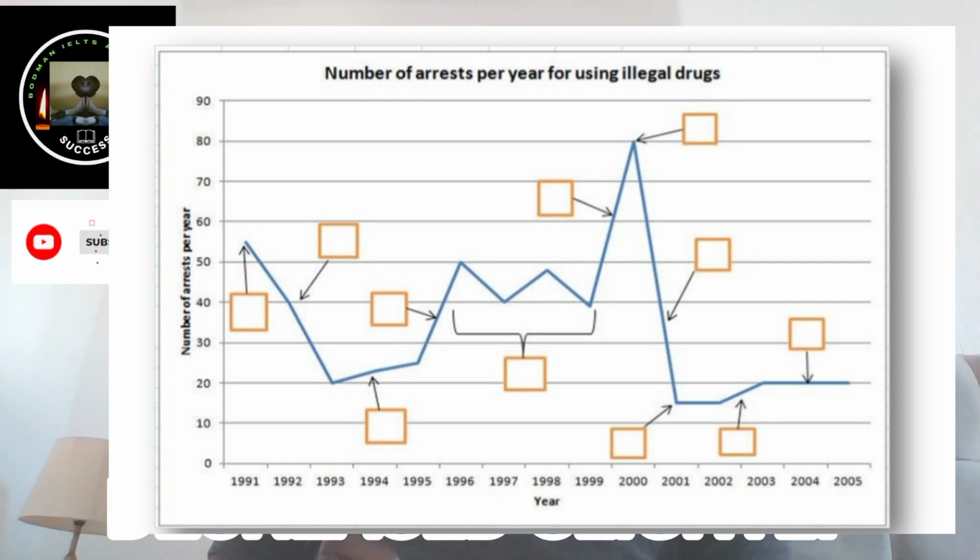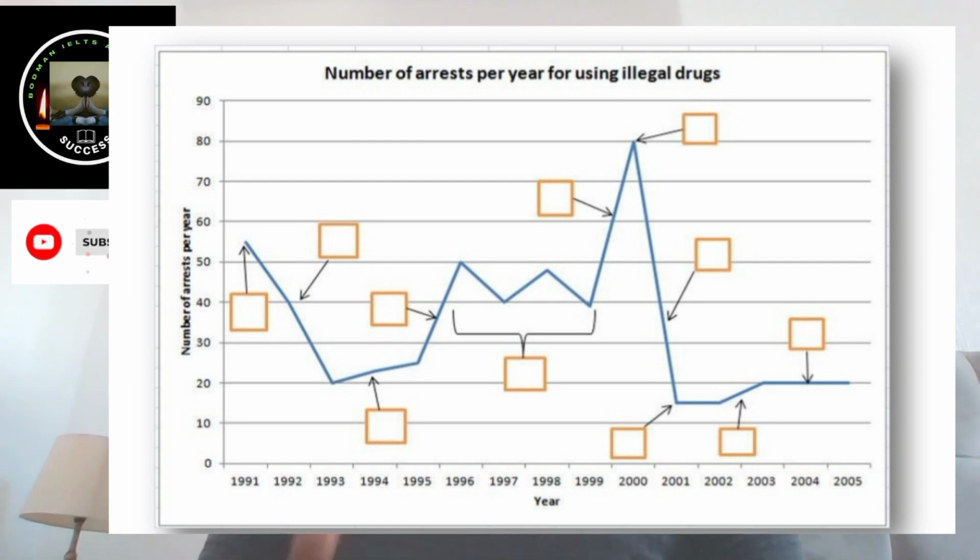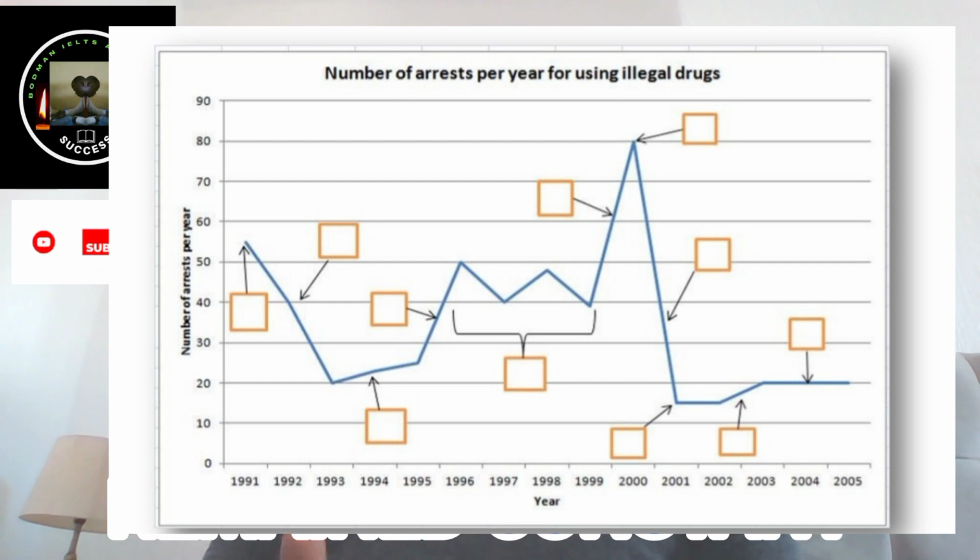That is that. Another one is remain constant. Remain constant or remain unchanged. Remain constant, remain unchanged, or flattened off, any one you want to use. When there is no change in value and the line is going flat, it didn't change, you can use the word remained constant, language of change.